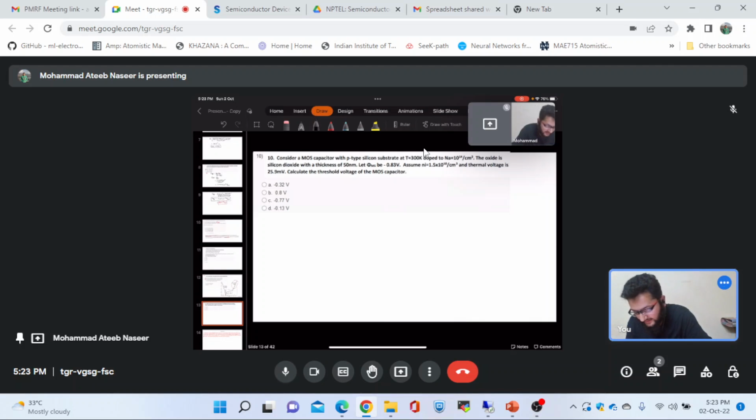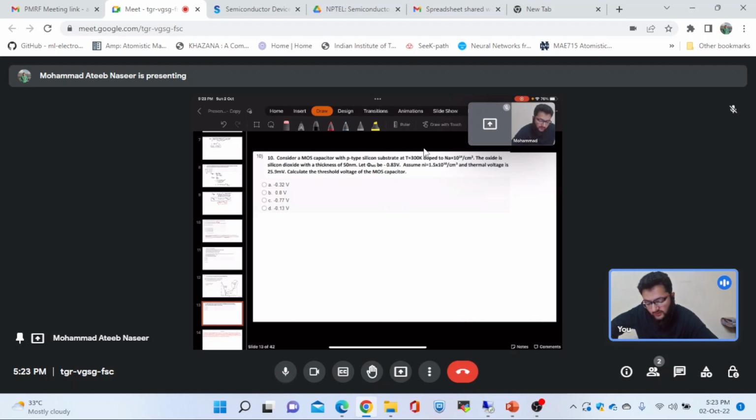It says that we have been given a MOS cap. This is similar to the other problems, with p-type silicon substrate. This MOS cap with p-type silicon substrate is doped with an acceptor doping concentration of 10 to the power of 14, and the temperature is 300 Kelvin.